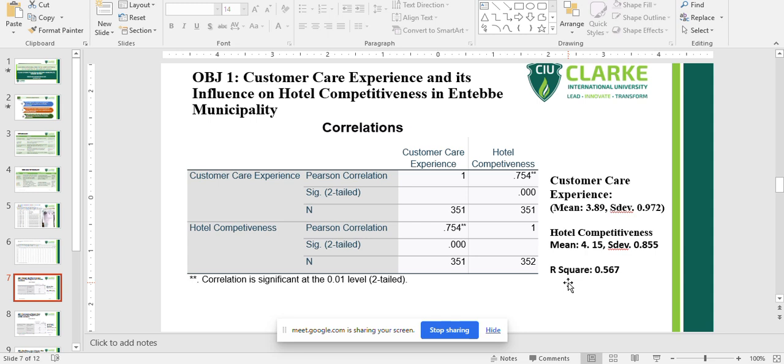When this is expressed in percentage, it is 56.7%, which implies that 56.7% of hotel competitiveness in Entebbe municipality is explained by customer care experience.